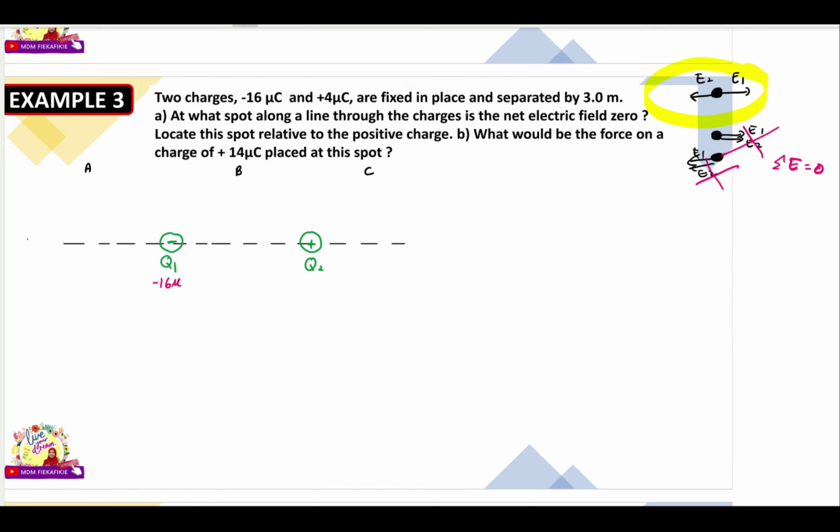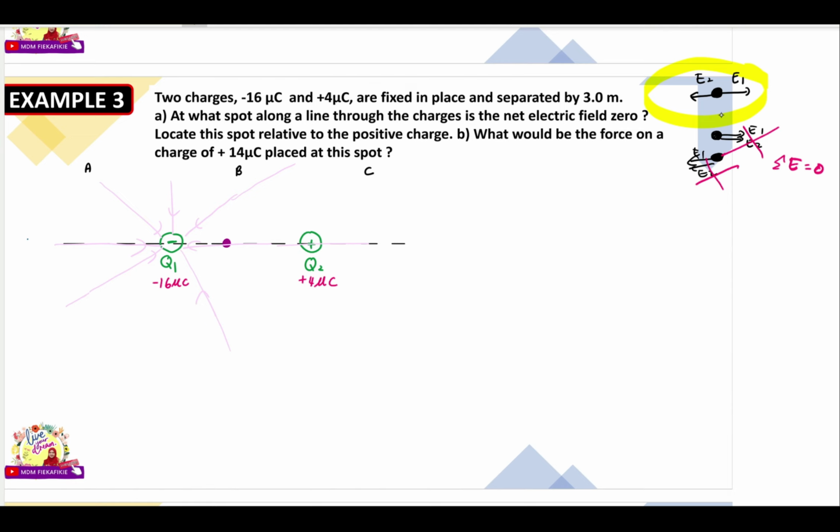Negative 16. Okay, ada sebab kenapa saya tulis ini negative and positive. Alright. So kalau saya pilih that spot is between Q1 and Q2. Okay, let's say kita letak sinilah, mungkin sini. Okay, at this point kalau saya lukis negative dia into kan, radially into the charge, dia akan jadi macam ni kan, dia besar lah.